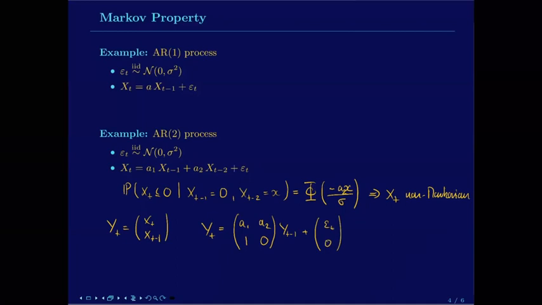And now if we know yt minus 1, then yt no longer depends on the past. So this functional form here completely shows that yt is a Markov process.